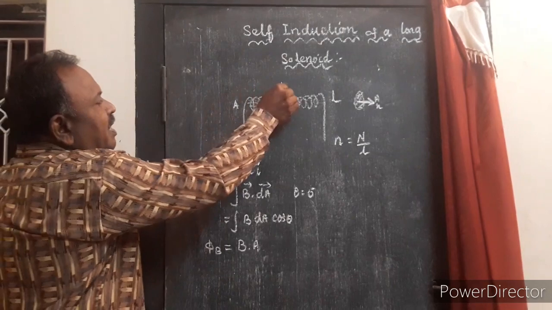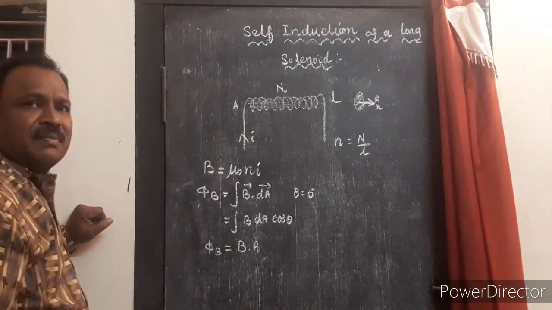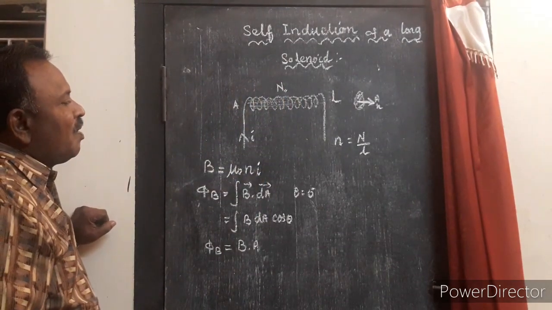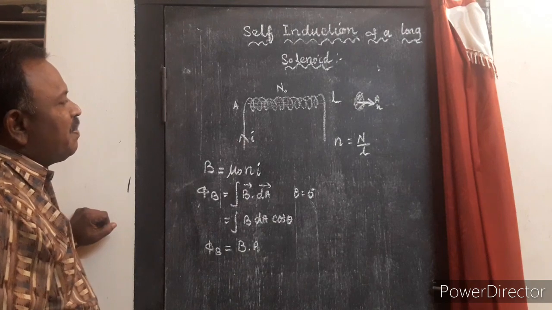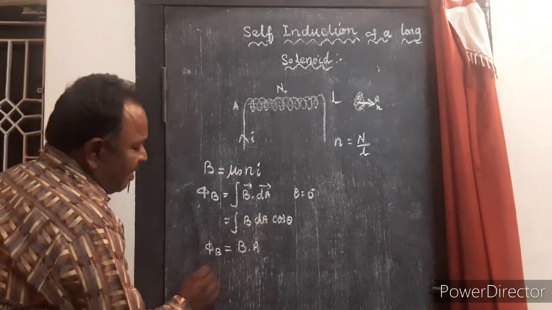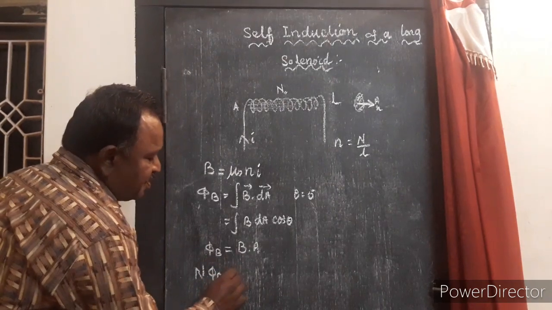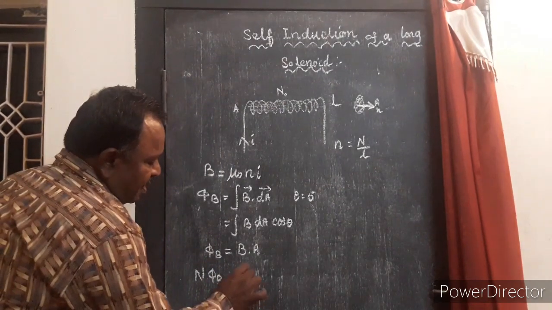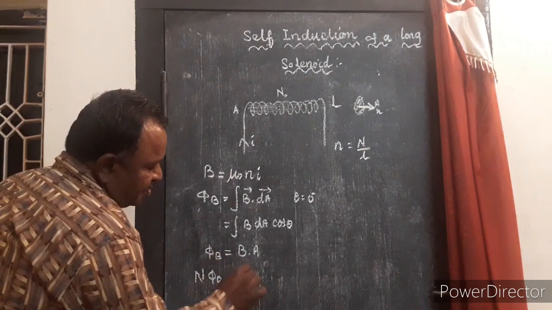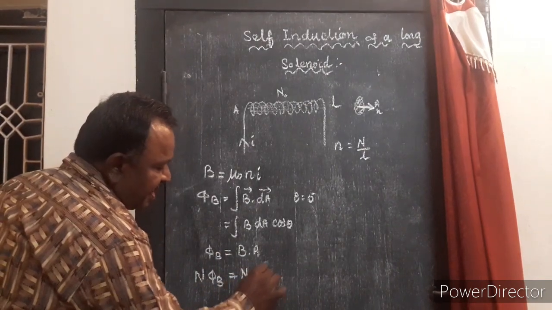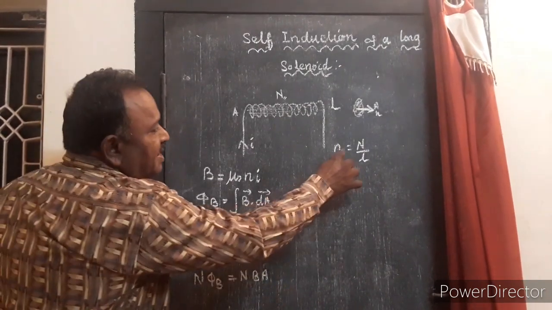In this solenoid I have N turns. So we will have N times phi B, which is equal to N B A. But what is N?